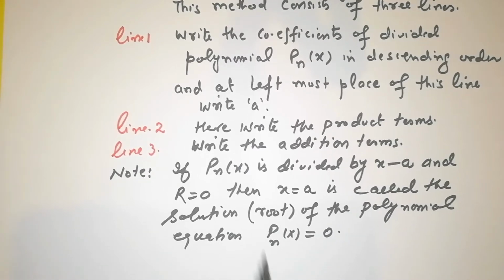Meaning, when we divide a polynomial by a linear polynomial of the form x minus a and we get remainder 0, then the value of x that is equal to a is called a solution of the polynomial equation. So students, now we start some examples where we apply the synthetic method.